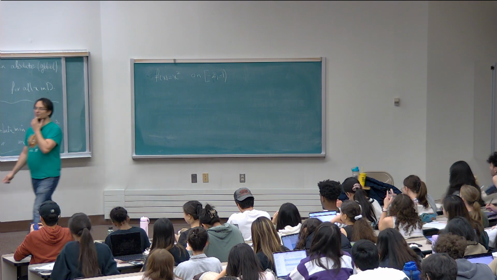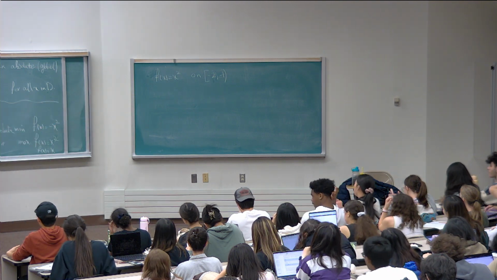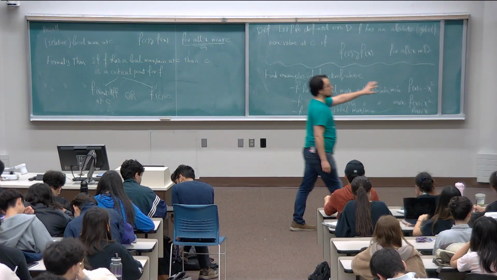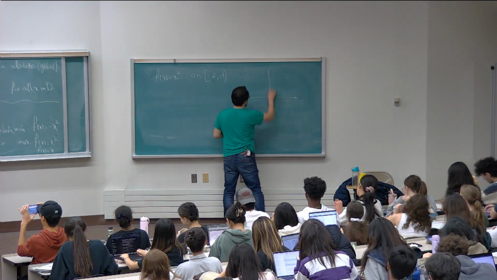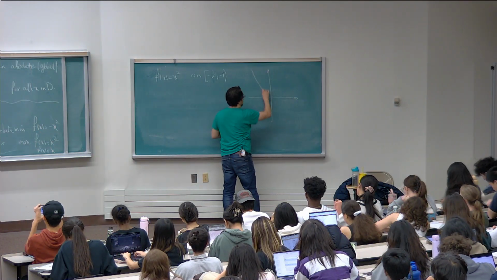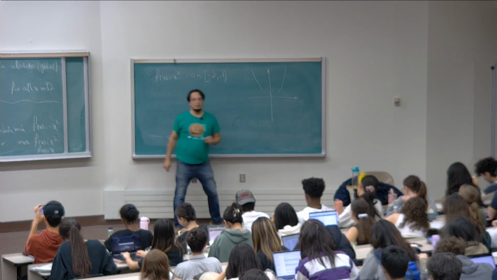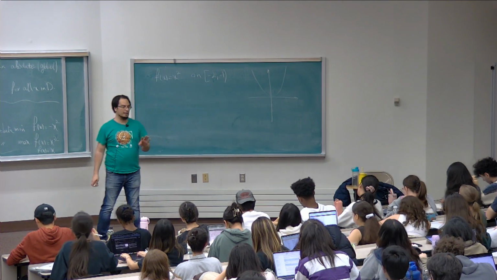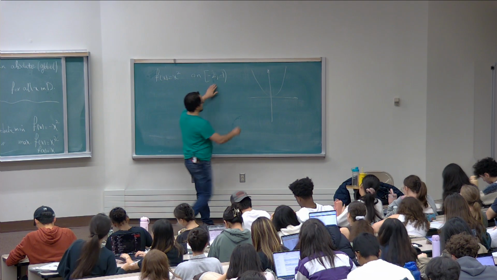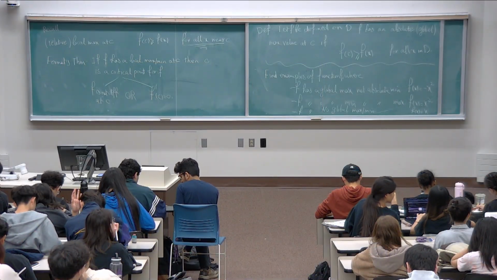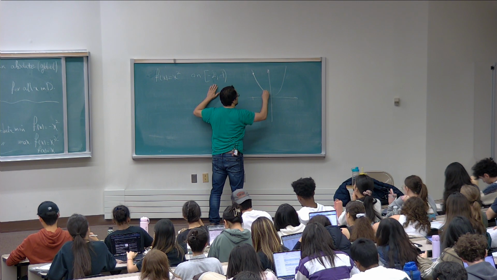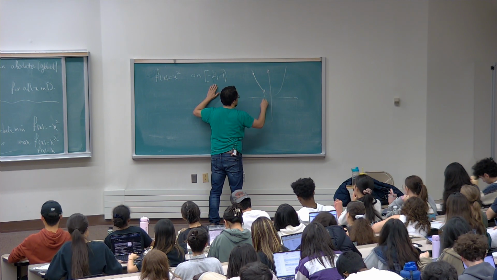Let's look at this function on this interval. When I draw this function on that interval, how does it look? Okay, so remember this is our parabola friend. And from -2, this is the part we are considering, all the way to -1.